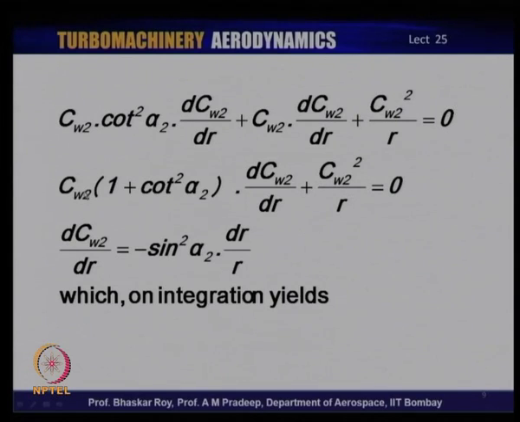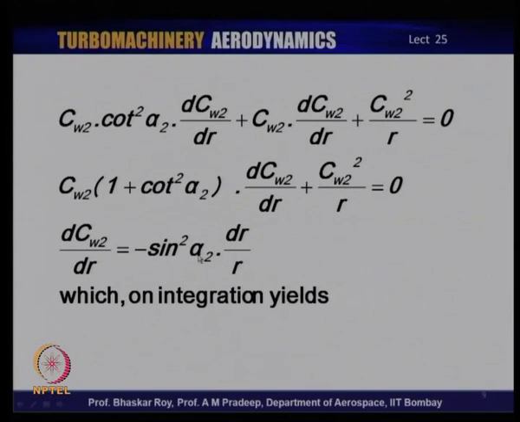So, rewriting that, we get C W 2 into 1 plus cot square alpha 2 into d C W 2 dr plus C W 2 square by r equal to 0, and this yields 1 plus cot square alpha is sin square alpha 2, and then we get d C W dr equal to minus sin square alpha 2 dr by r.